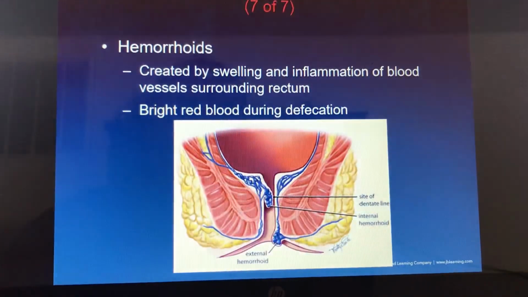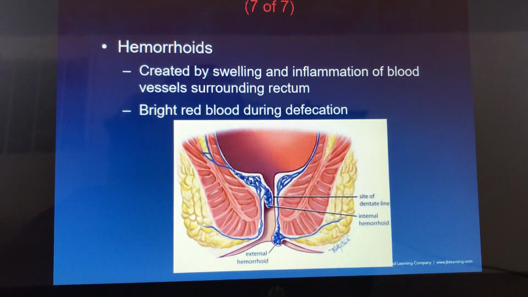With that being said, you can have venous engorgement that causes something called hemorrhoids. Hemorrhoids are typically veins that get engorged around the anal sphincter, and they can and do sometimes rupture, depending on how bad it gets and how severe it can become.